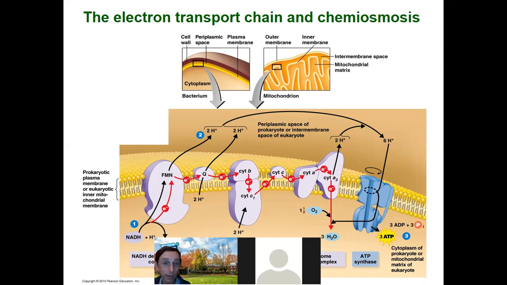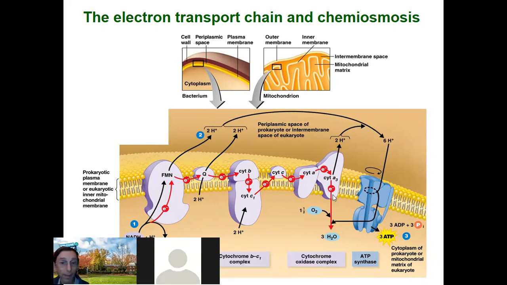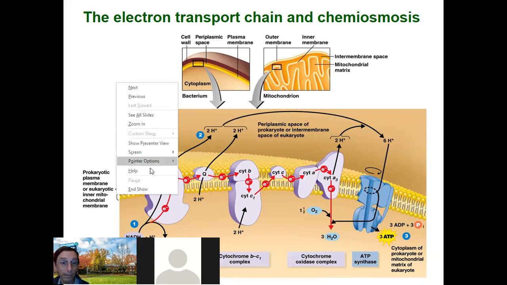In prokaryotes, the hydrogen ion is actually pumped outside of the cell membrane and into the cell wall. So this region here will be the cell wall. And then these hydrogen ions will come through this channel protein to make ATP. Any question about any of that?